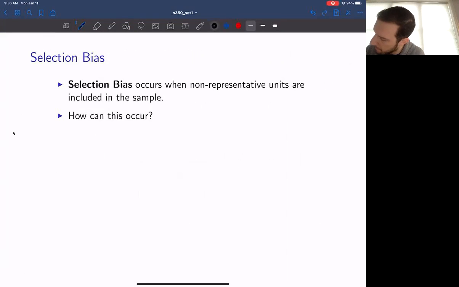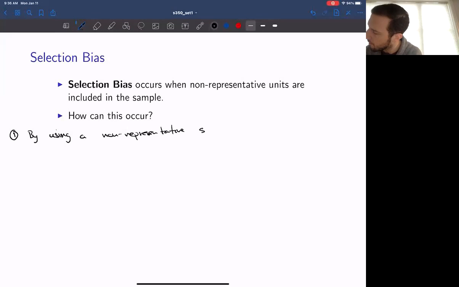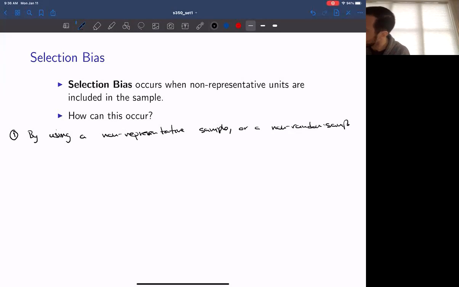So this could happen by using a non-representative sample, or a non-random sample.